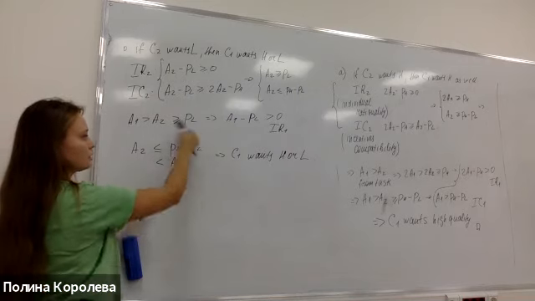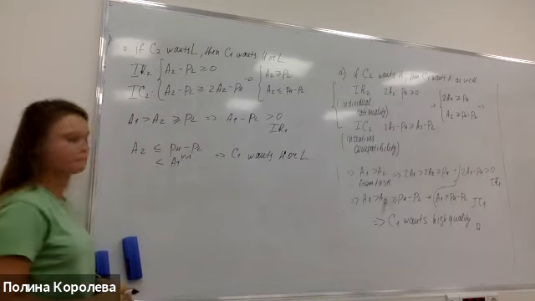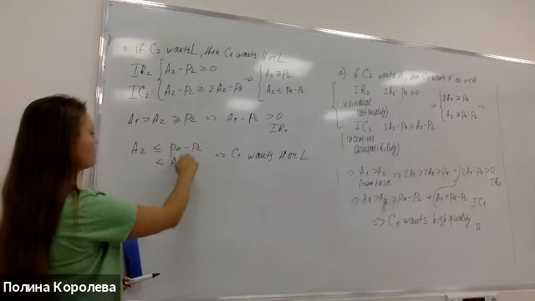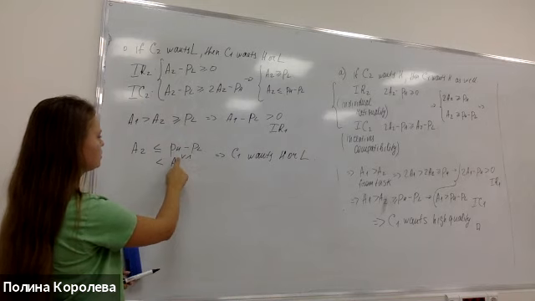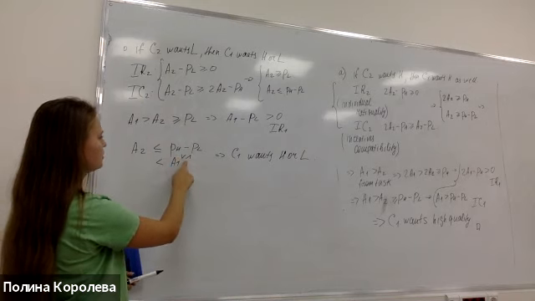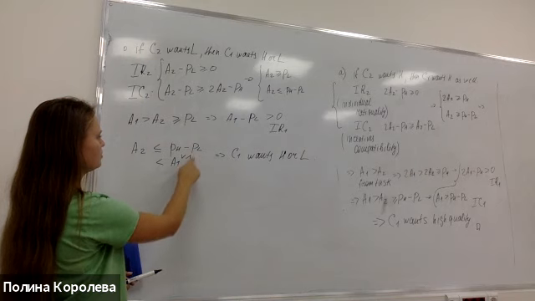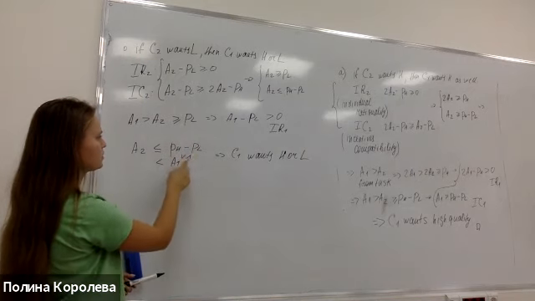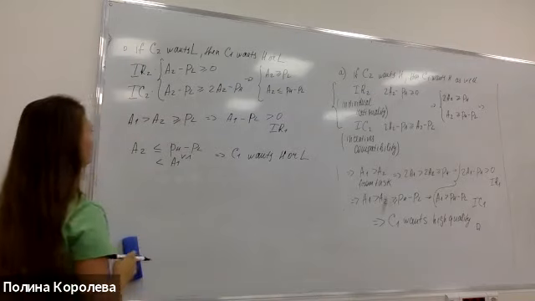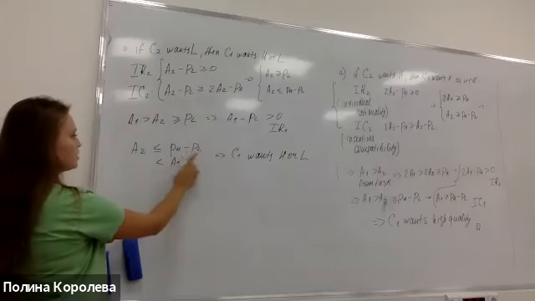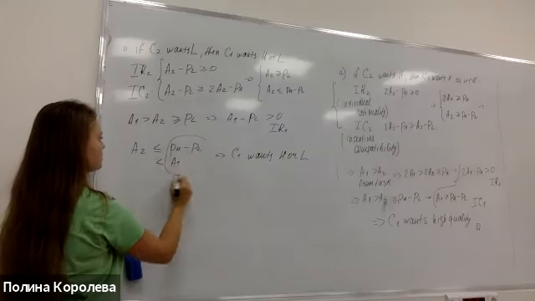Because we don't know how to compare. If greater, then he will want to buy low quality. If A1 bigger than difference between price, he will want to buy high quality. But we don't know the sign. This is our conclusion. We don't know how to compare these two things.